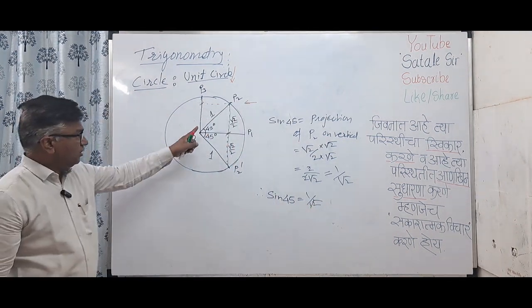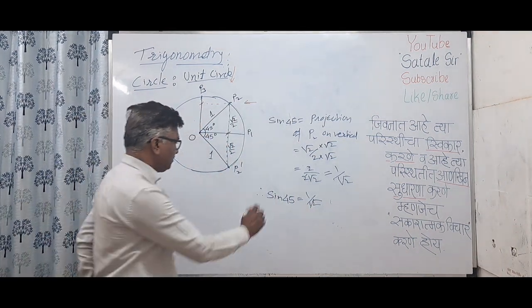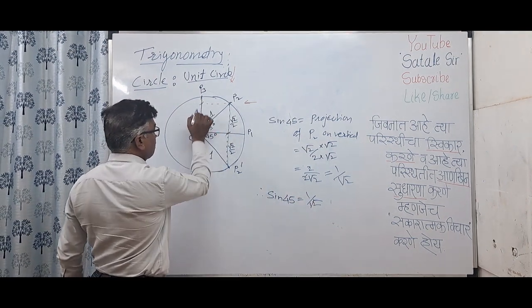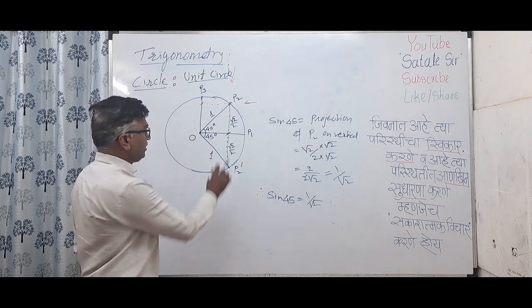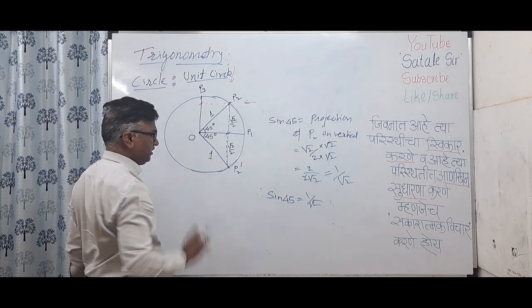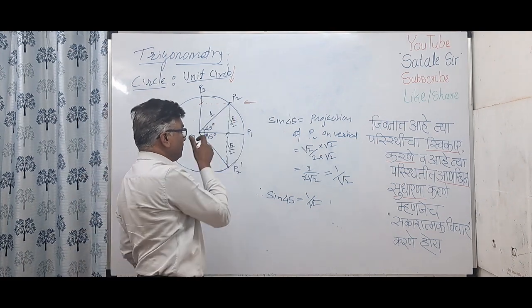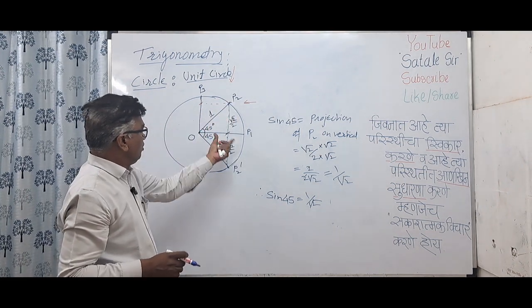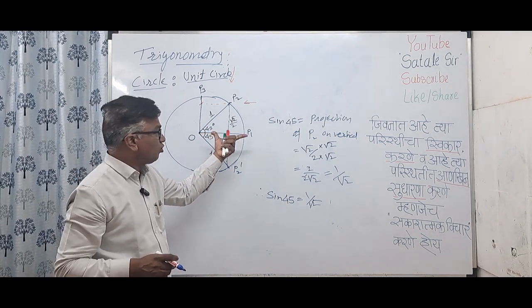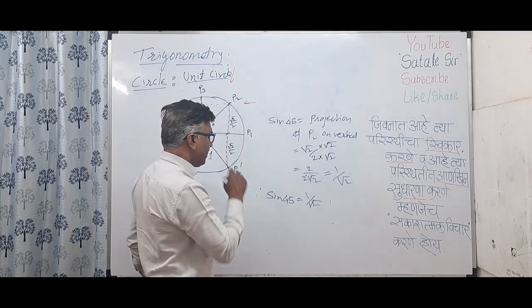Similarly, cos of 45 in this particular case is also 1 by root 2. Okay, because this forms a square. So all the sides are equal. This side is equal to this side and this side is also equal to this side. Therefore, the projection of this point P2 on this adjacent side or the horizontal side is called the cos of that angle.